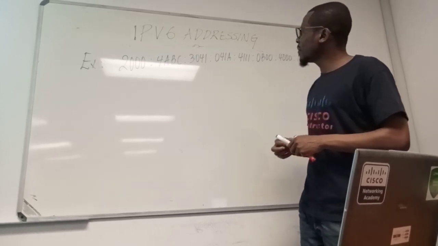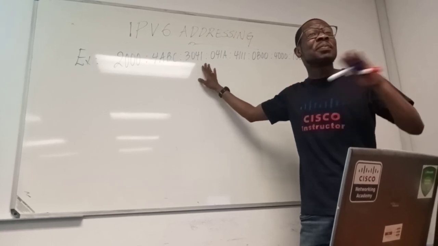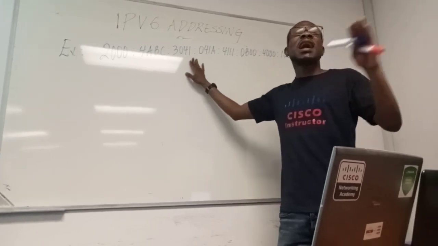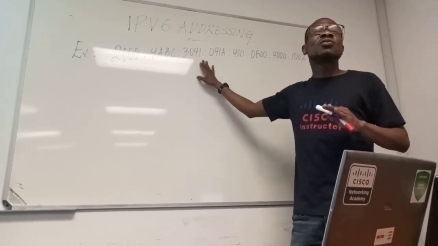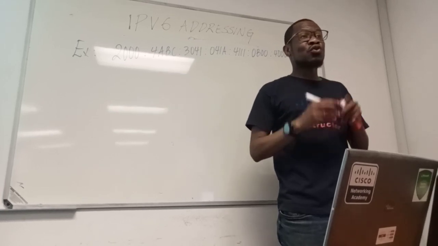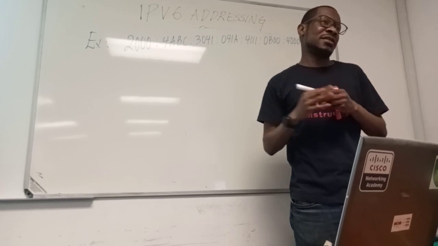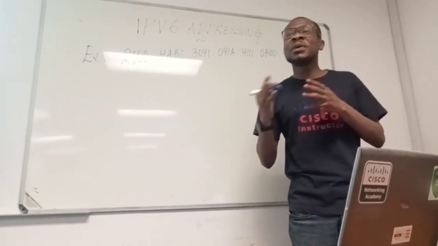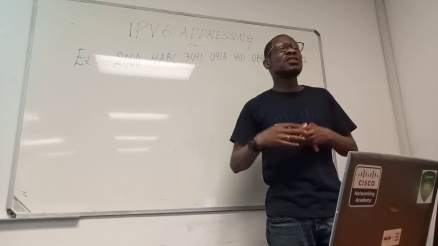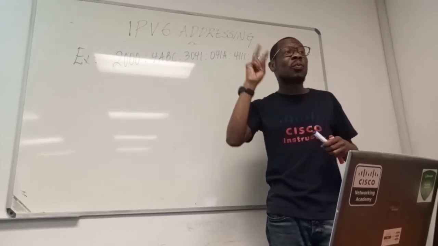Okay. Now, when you see an IP address, it can be IPv4 or IPv6. You need to understand that that IP will have 2 parts, the network part and the host part, right?